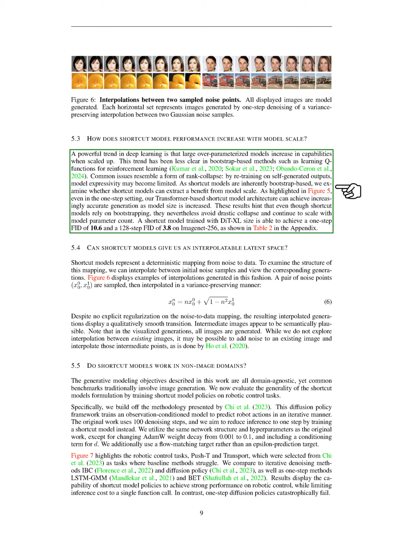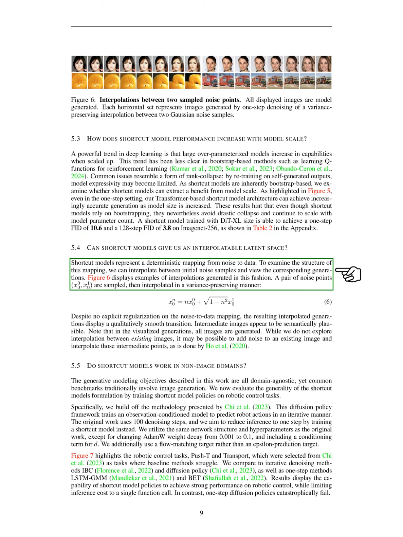We also examine whether shortcut models can create an interpolatable latent space. These models provide a clear mapping from noise to data, allowing us to interpolate between noise samples and observe the resulting generations. A figure displays examples of these interpolations, where we sample two noise points and create a smooth transition between them.